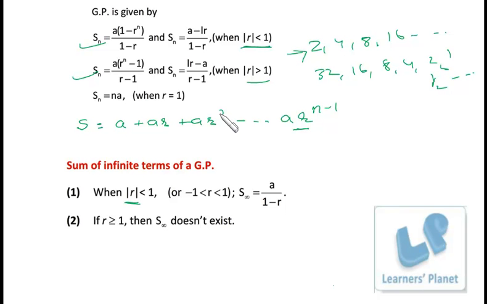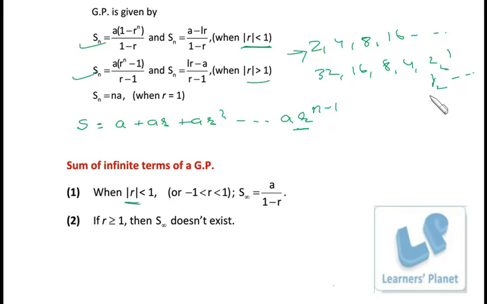Till the nth term, no problem, but for infinite terms you cannot find the sum if the common ratio is greater than 1. But if the common ratio is less than 1, then what happens? See, after 1 by 2 you'll be getting 1 by 4, 1 by 8, 1 by 16, and gradually the terms will be smaller and smaller. As good as 0. We can consider them near to 0, right?